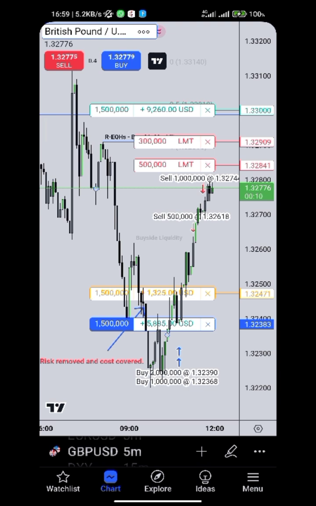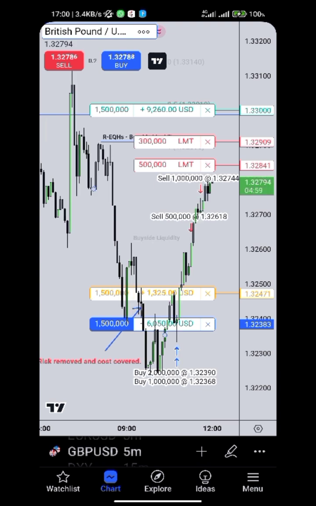I might just increase my stop loss, like remove more risk by increasing the amount I will keep with my stop loss before at least 1 p.m. There used to be a displacement at 1 p.m., so I'll be securing my profit more. And let's see if this will pump to that high over there.